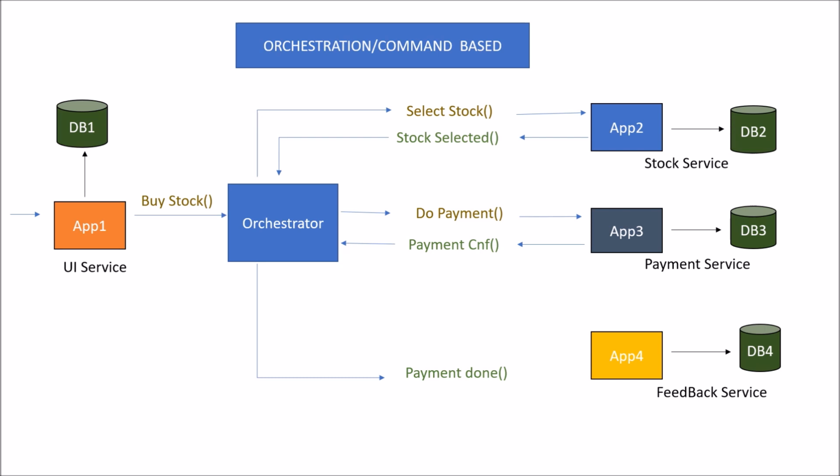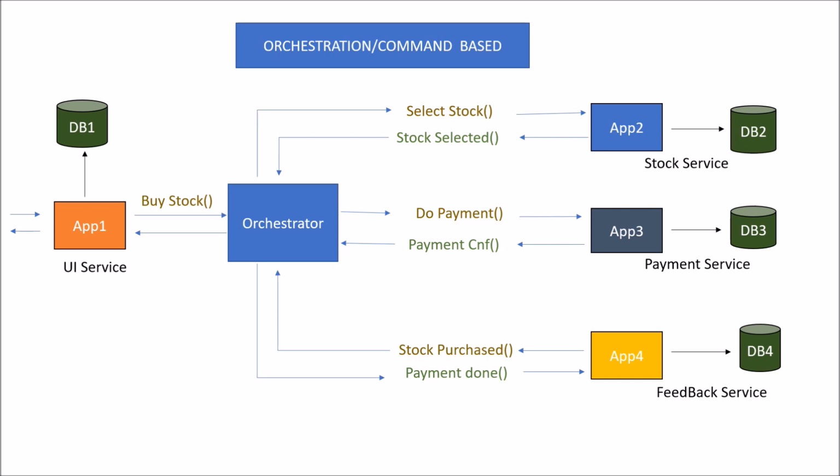So this payment done will be listened to by the feedback service, and the feedback service replies to the orchestrator. If the payment is successful, then stock purchased, and the orchestrator again will reply to the UI service that the stock is purchased, and it will be shown on the user's screen.